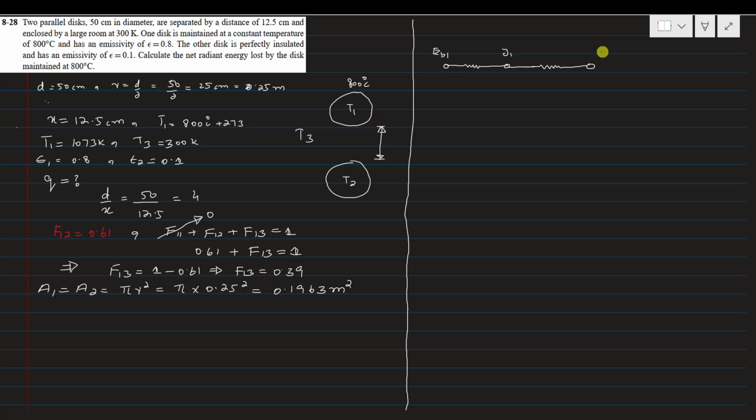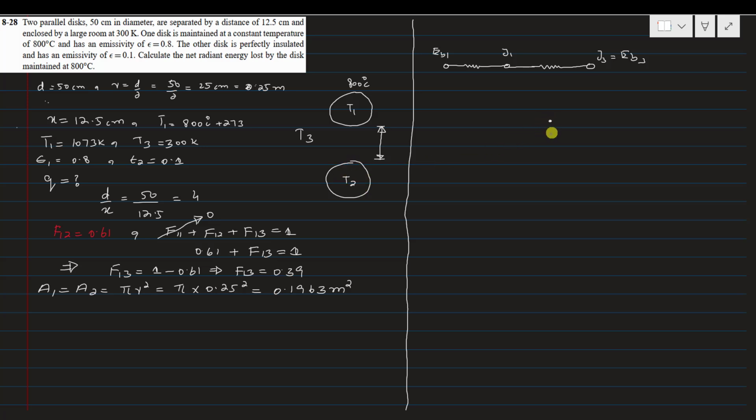In this case the surface resistance is 0 because the room is very large, so its area is very large. Since its surface resistance is 0, we can say that J3 is equal to EB3. And there is another body, that is the disc.